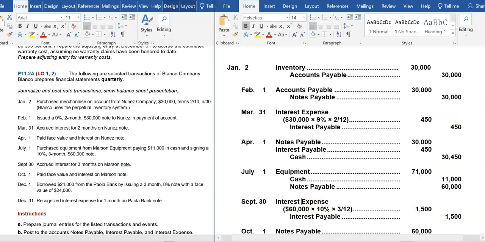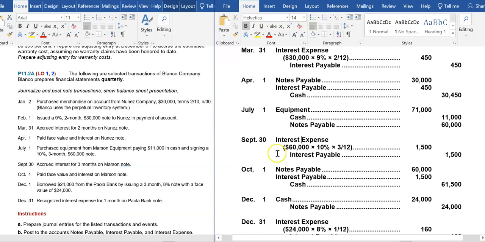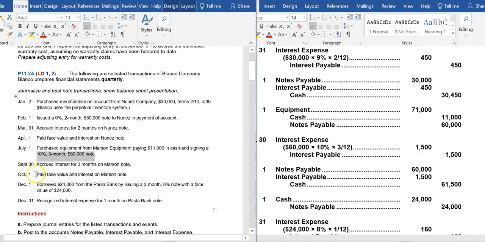Debiting the interest expense, and that interest will be paid on October 1st when the note is paid off, so we credit the interest payable. On October 1st, that Marson note is paid off.